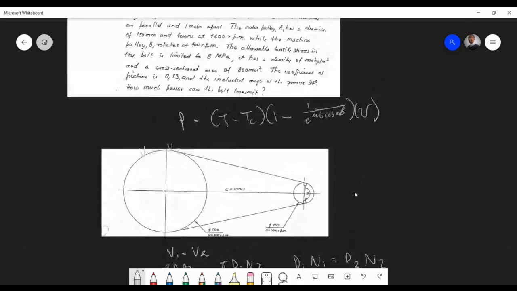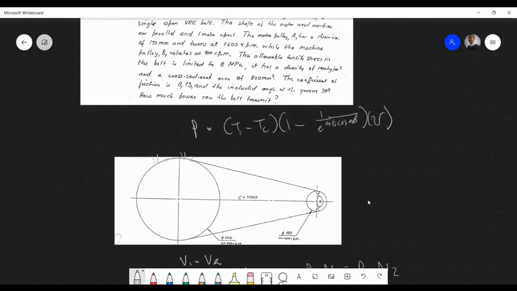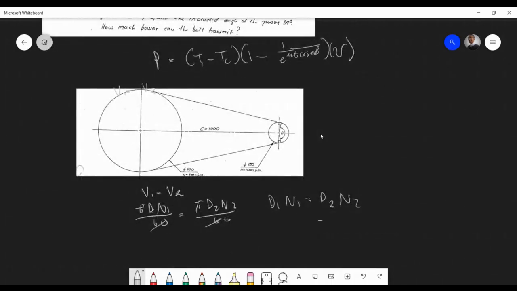So we need the diameter of the other one. For the motor pulley, we have 150 at 1,600 revs, the smaller one, and then we need the other one, which is only given as 400. So we have to find D1.